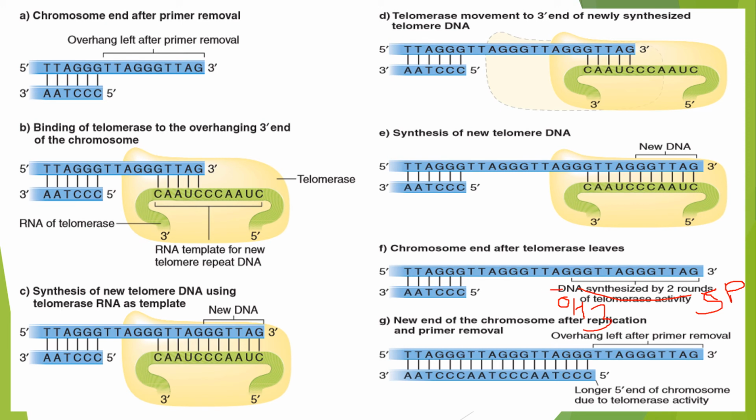So we can extend this strand in this direction, and we can reach up to our actual end. We have synthesized this much stretch of new DNA, but this DNA will still be overhanging. But what we have done is, using telomerase, whatever actual DNA sequence was there in the parental strand, we have replicated in the daughter strand.